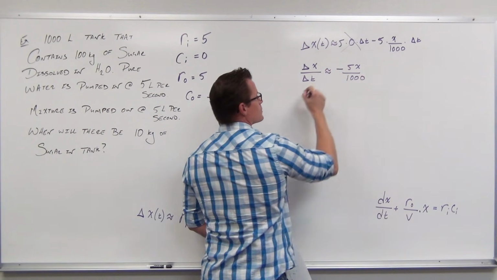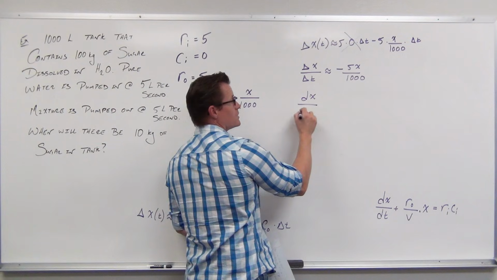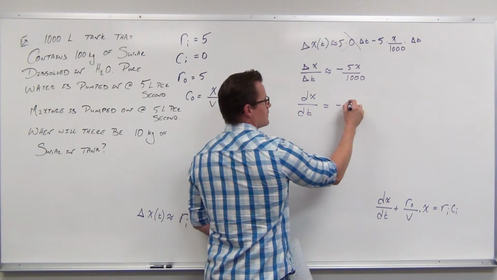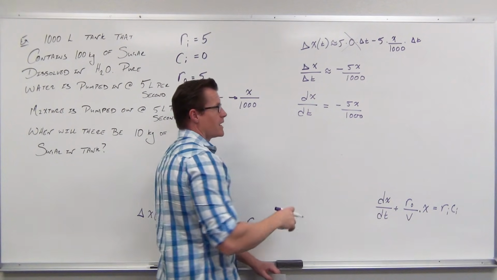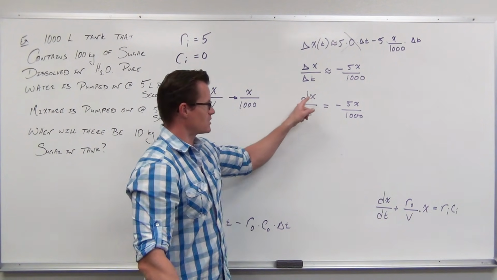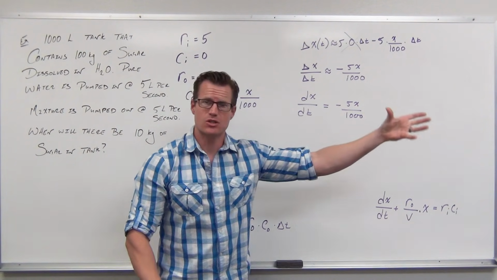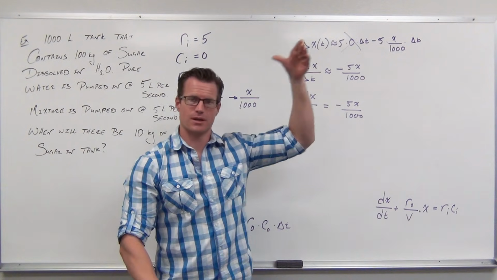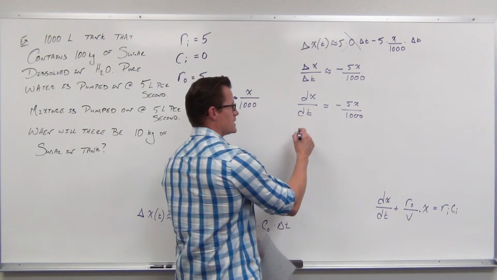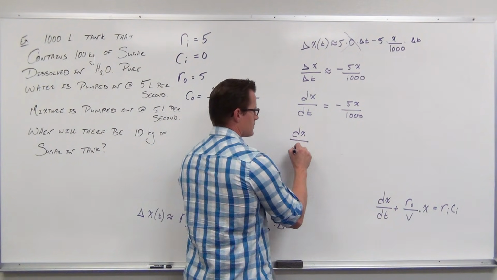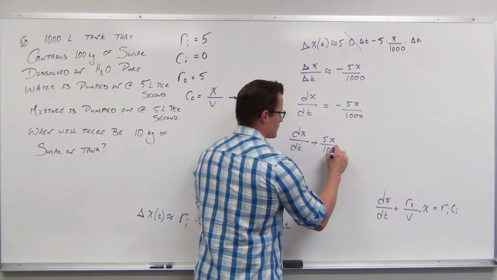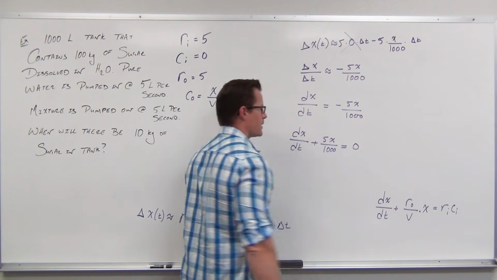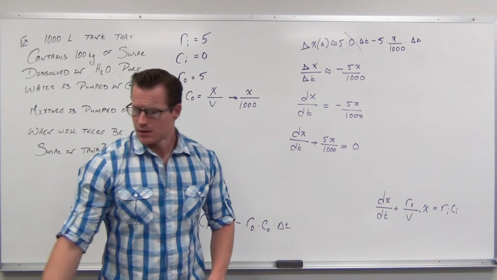If we let our calculus work for us, we get a differential equation. If we add that to both sides, we've got our dependent variable x here. Let's make sure our x is with our dx over dt, equals 0.